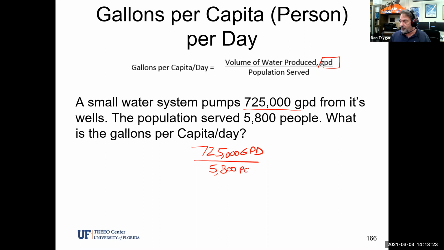So we're just going to say persons, people, whatever you want to put there. 725,000 gallons per day divided by 5,800, and I come up with 125 gallons per person per day. Gallons per capita per day. 125 gallons per person per day.